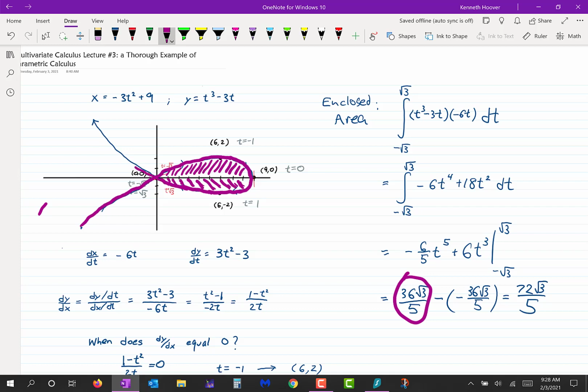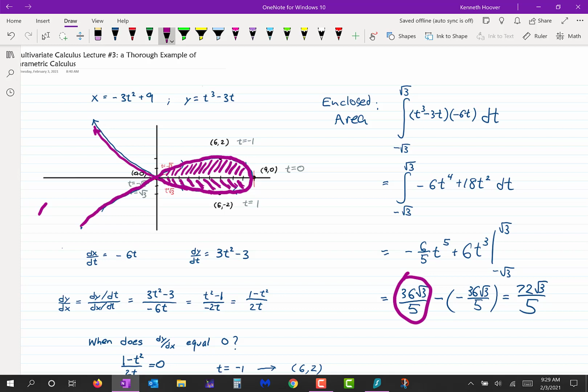So what's that mean? Means that area is, in Calc 1, you would have calculated that area to be negative 36 root 3 over 5. But because we were traveling from right to left, the sign changes. And so that comes out as a positive 36 root 3 over 5.